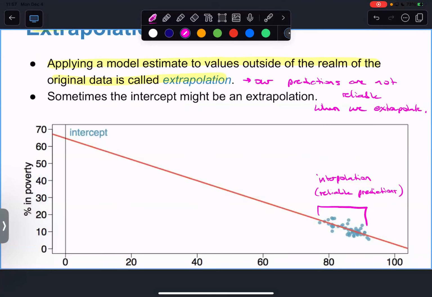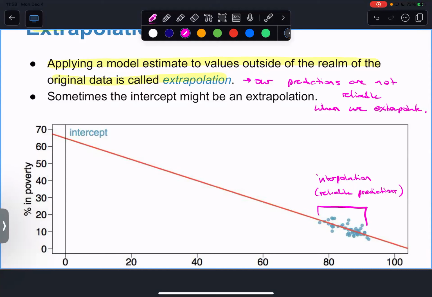And you can go a little bit beyond that, but you don't want to go too much beyond it, right? If you think about predicting someone's height based off of their age, and you've got their heights between the ages of 2 and 16, and then you're going to go and predict their height when they're 30 years old, what would happen? Uh-oh, that's bad, right?